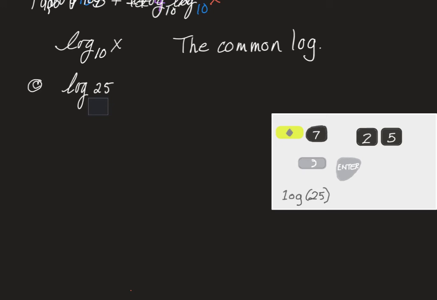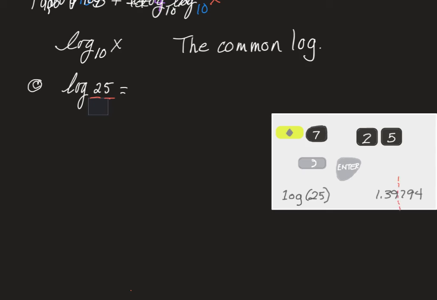And I'm going to hit diamond enter on my calculator. And it tells me then that this is equal to 1.39794. And let's take a look at our original problem. We have 2 significant digits. We're taking the common log of 25. So therefore, my answer must have 2 digits to the right of the decimal point.